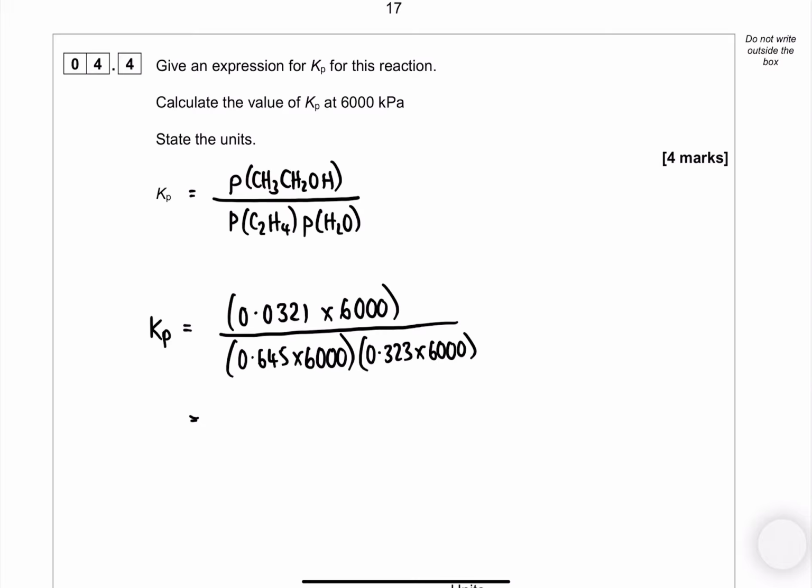So on the bottom line, and your calculator should be showing you an answer of 2.568 times 10 to the minus 5.